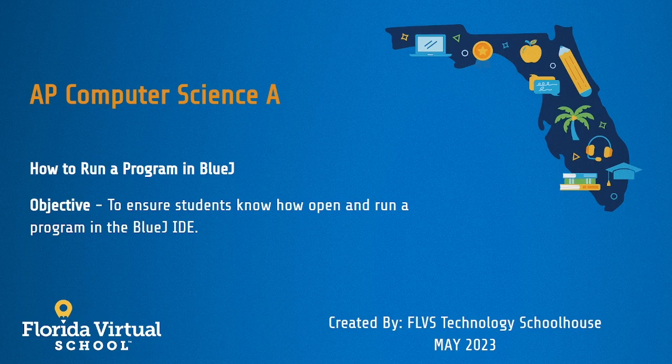With this help video, I am hoping to be able to assist you in running your very first program in BlueJ. The objective is to make sure that you know how to open, how to enter in code, how to compile code, and finally how to run a short program in the BlueJ IDE.